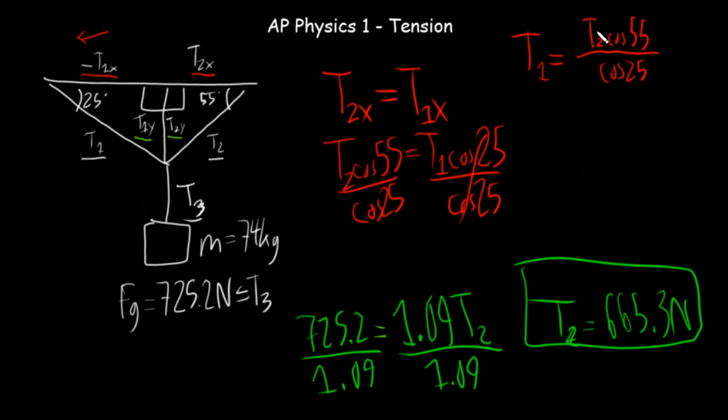Alright, so let's do this. 665.3 cosine 55 divided by cosine 25.